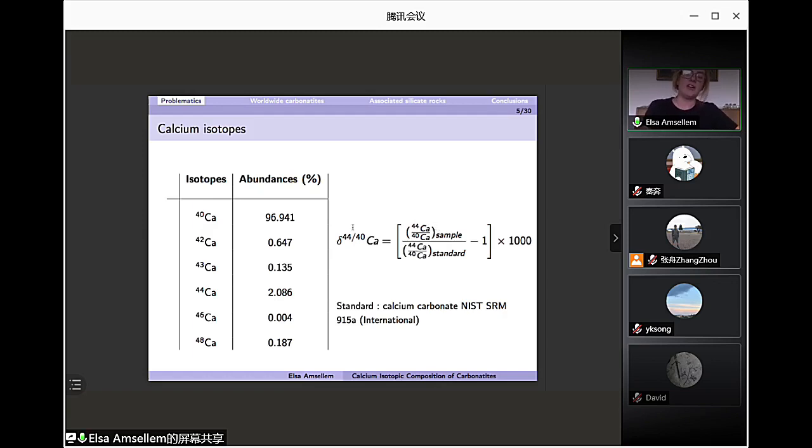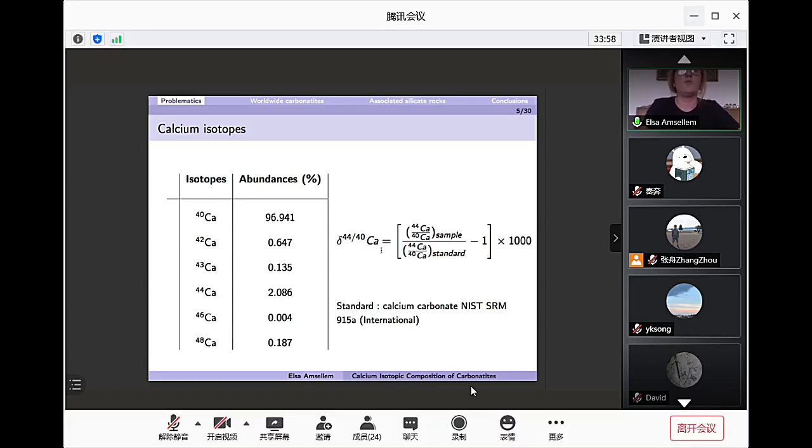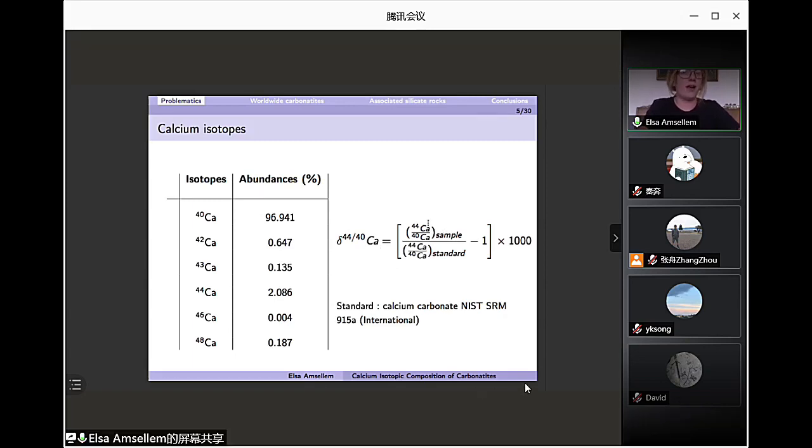All the data I will present is mainly about this notation, delta 44/40 calcium, which represents the abundance of the 44 calcium over the 40 calcium isotope of a sample, normalized to a standard and in per mil notation. This standard is a calcium carbonate, and it's the international standard we use for calcium.